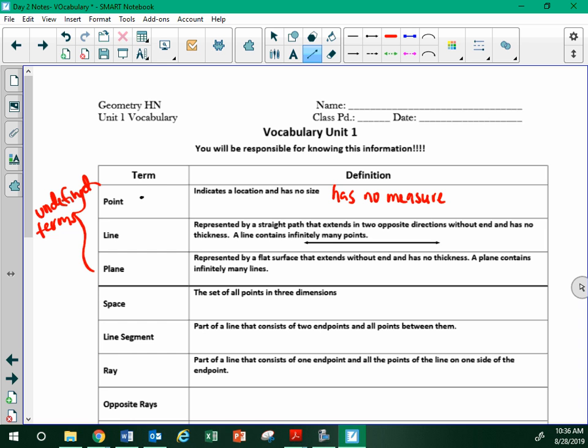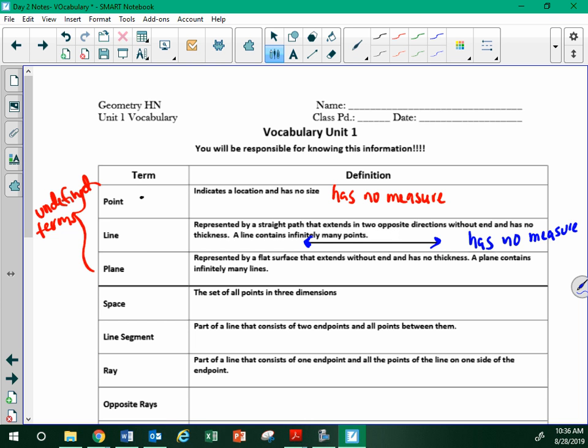So a line is a straight path. We use arrows to indicate that it is a line, meaning it goes on forever and ever. And because it goes on forever, can we measure a line? No, I cannot take a ruler out and measure it because it goes on forever. So it also has no measure.